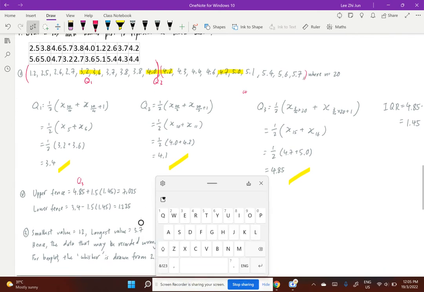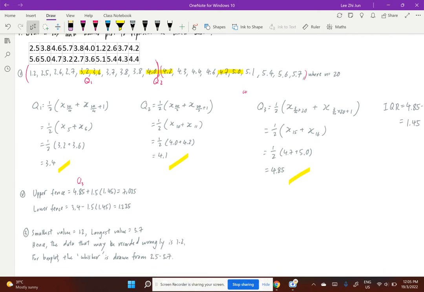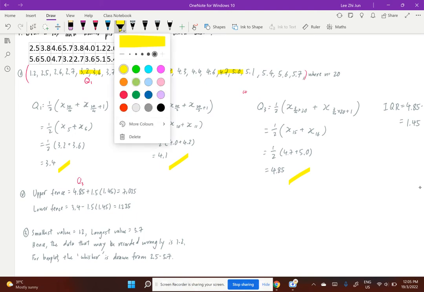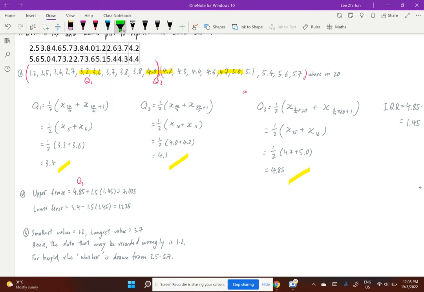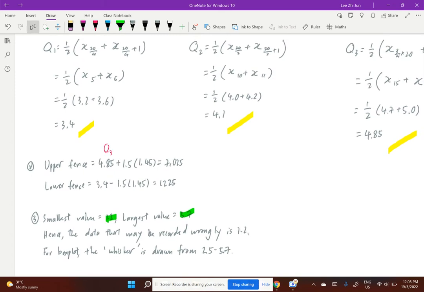The third, I define the smallest and largest value. The smallest value is 1.2, while the largest value is 5.7. Okay, from this data, you see 1.2 is less than 1.225, so 1.2 may be recorded wrongly because it is outside the lower fence.